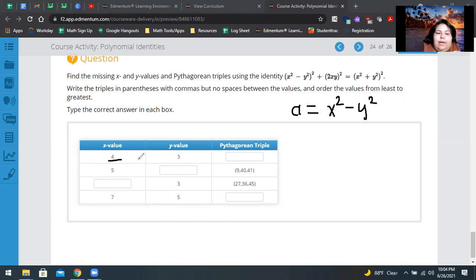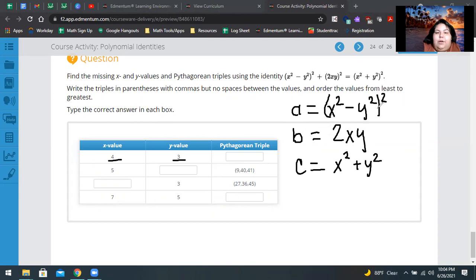You already have your x, you already have your y, just plug it in. Your b is equal to 2xy, and your c is equal to x squared plus y squared. Keep in mind, you're not actually squaring the last part. You're just plugging it in for a, b, and c. That is for the first and second row. So you can go ahead and do that there.